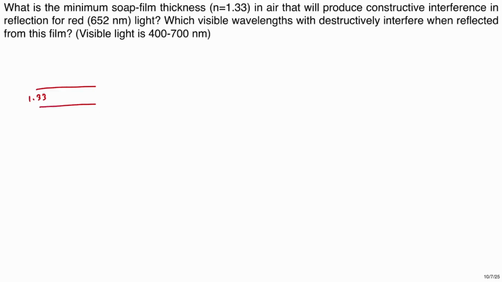And it says it's in air. So what's on top? Air. What's on bottom? Air. The film is in air, so what is this physically? It's a bubble. We're solving the bubble again.